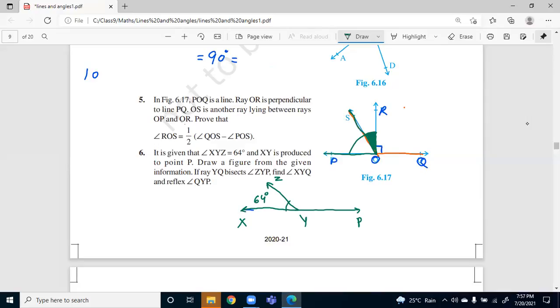Okay, draw the figure from the given information and point ray YQ bisects ZYP. So there is a ray YQ which is bisecting this ZYP angle. So bisecting means dividing this into two equal parts.